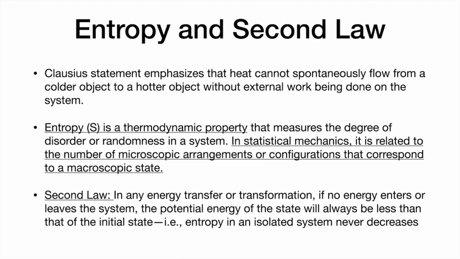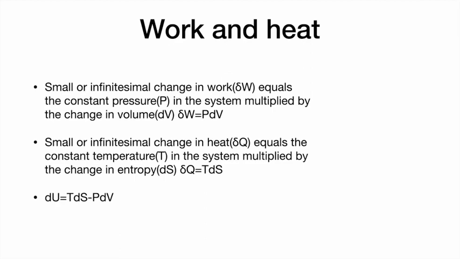Next, let us see work and heat. What is the concept of work and heat? A small or infinitesimal change in work is equal to the pressure multiplied by the volume change, dW equals P dV. This is applicable mostly in the case of an isothermal process.